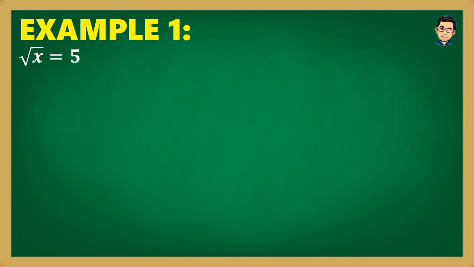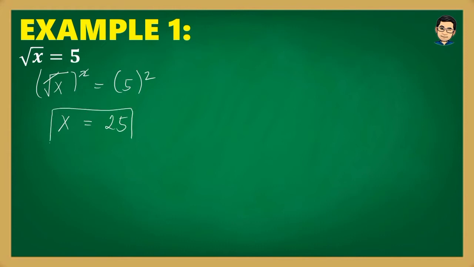Square root of x times square root of x is equal to x, so the radical symbol disappears. And 5 squared, or 5 times 5, is 25. So the value of x here is 25.